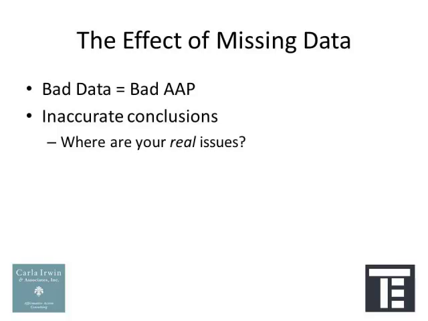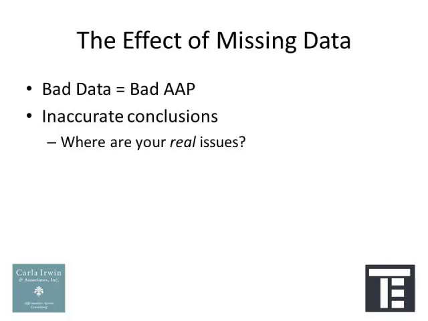As I've said before, an inaccurate conclusion can make it seem as though you have a gender or a race or an age problem with a particular group, when in fact there really is no problem. It's an artificially created problem because of issues in your data. And the opposite can also happen.